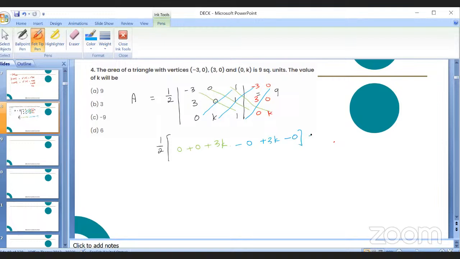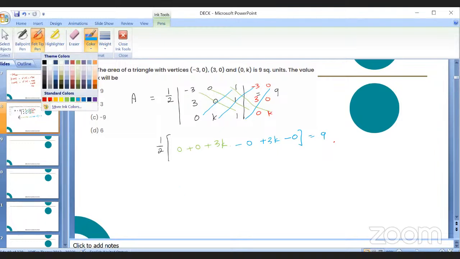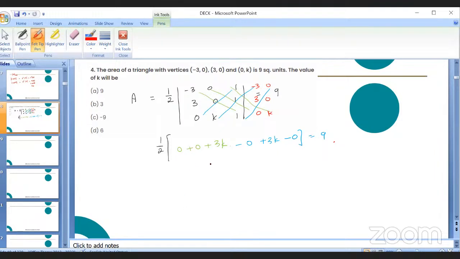This is what equal to 9. So your 6K equal to 18, or K equal to 3. The value of K is 3. Okay. I'll give you the next question.